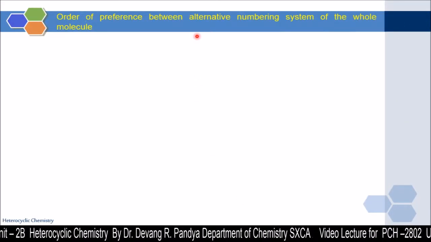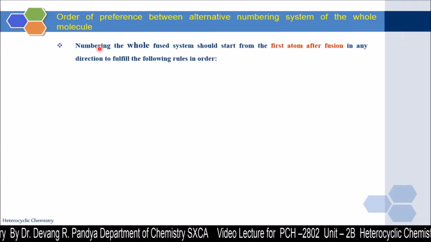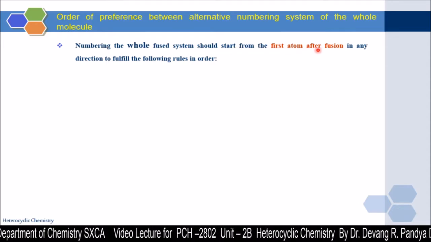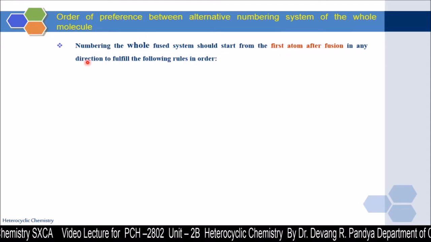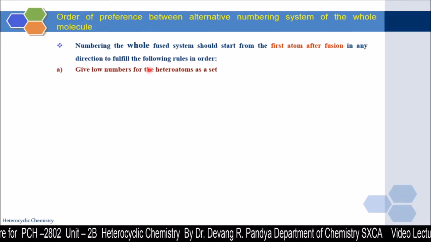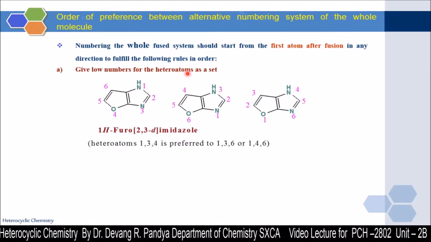Order of preference between alternative numbering systems of a whole molecule. Numbering of the whole fused system should start from the first atom after fusion in any direction to fulfill the following rules in order. Give low numbers for the heteroatoms as a set.